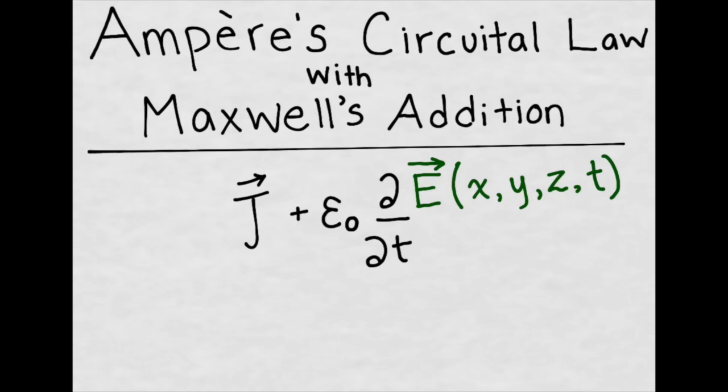All right. What's next in our construction of Ampere's law with Maxwell's addition? Well, we need to multiply this entire sum by a constant called the permeability of free space. So let's do that.